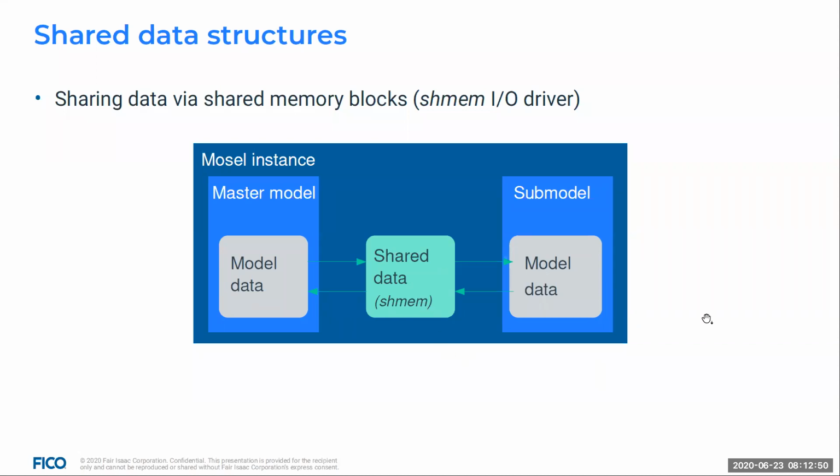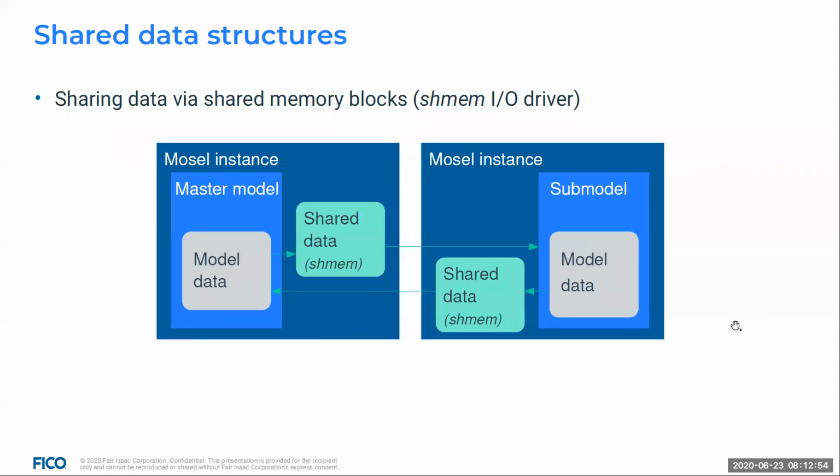But each of these models takes a copy of the data into their own space. Now, this works also if the submodel is running on a distant, so on a remote Mosel instance, and the shared data in this case can reside on the instance that has the master or on the instance that has the submodel.